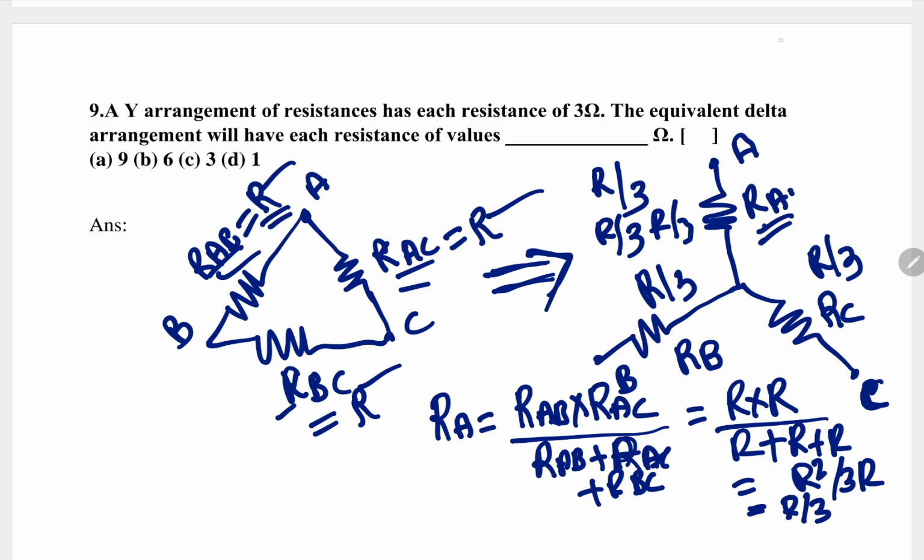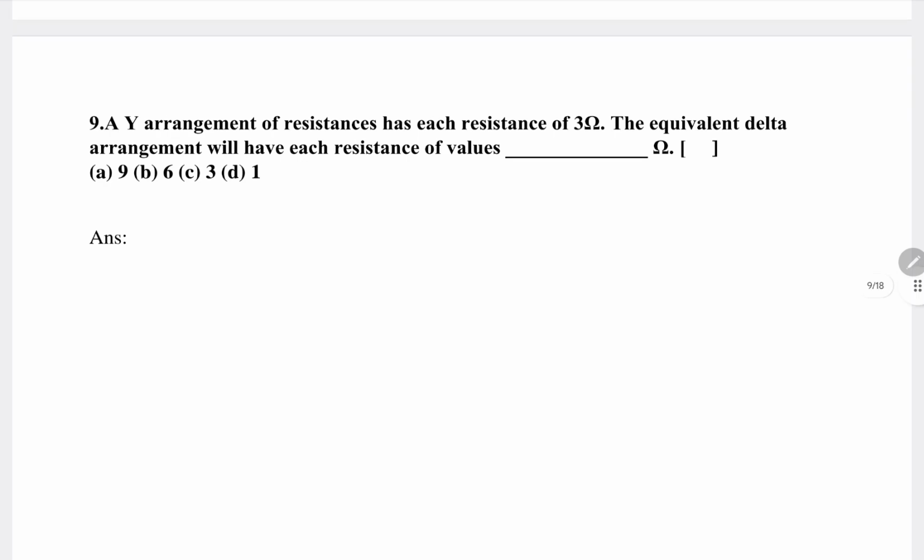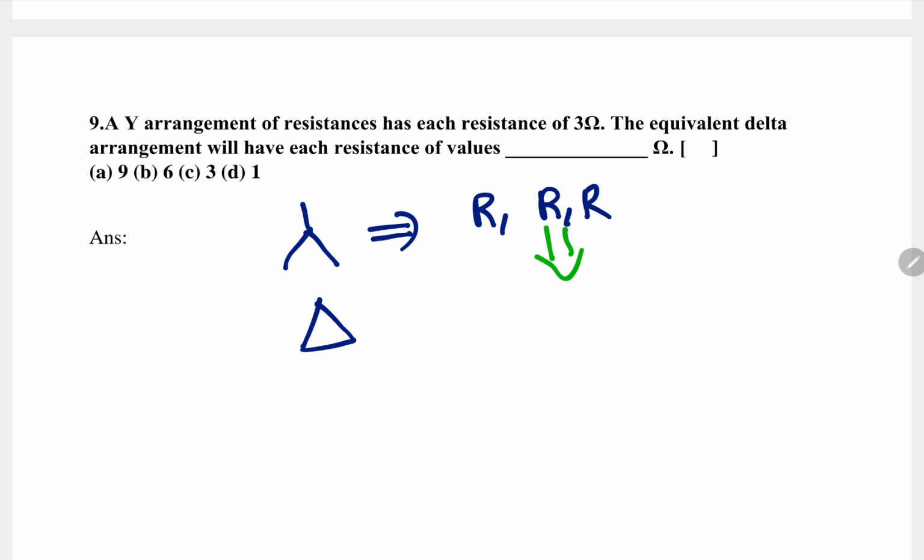So from this again, whenever a star network is there and this is a delta network, equal resistors R, R, R become 3R, 3R, 3R. Just remember.